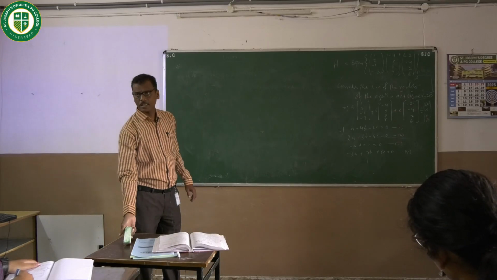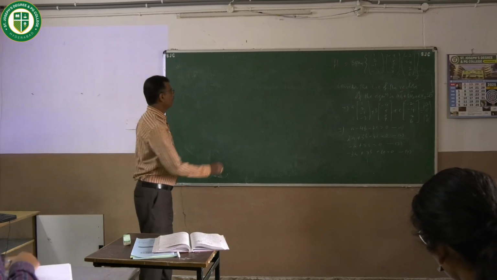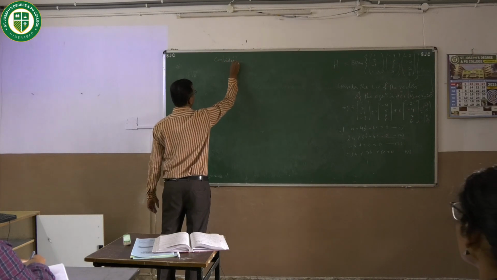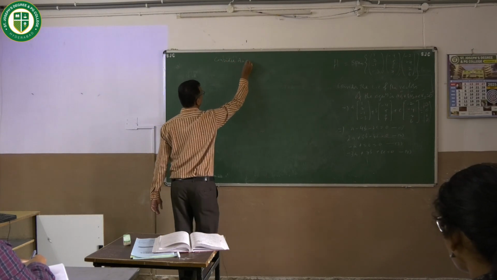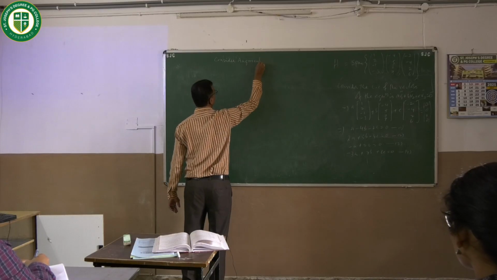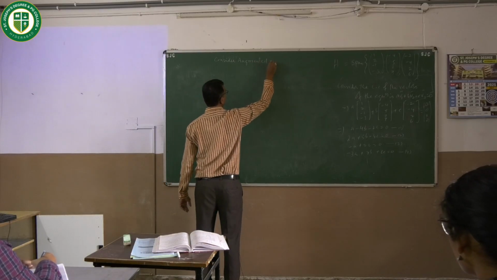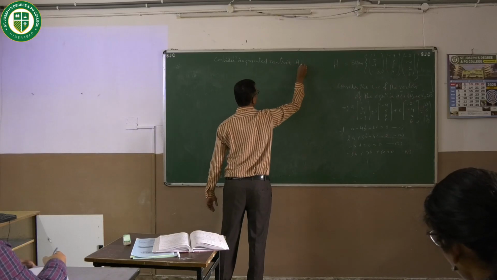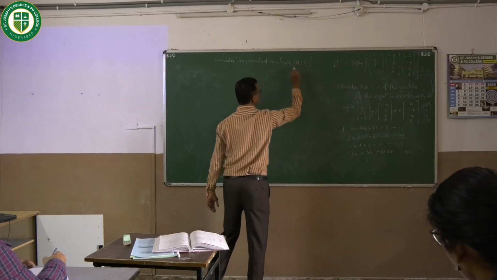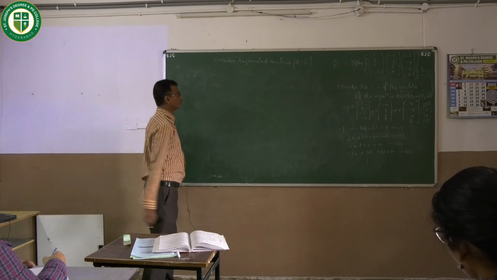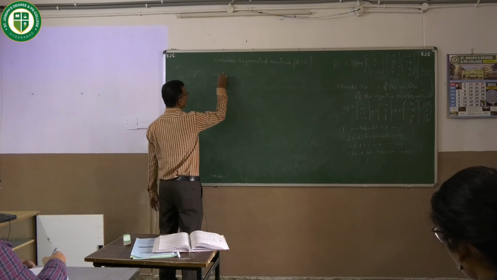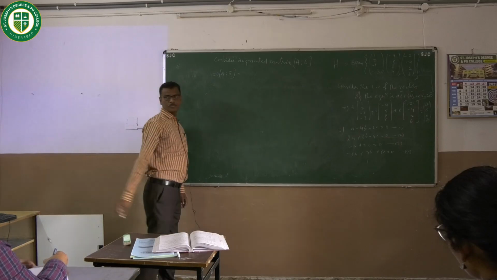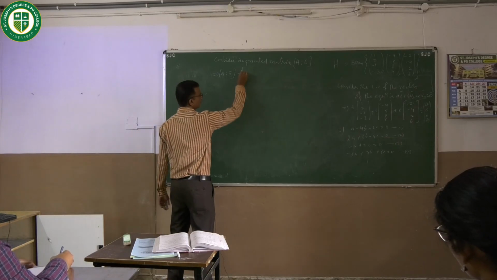Write the augmented matrix, it is easy to solve, right? Consider the augmented matrix. What is the augmented matrix here? [A | 0]. That implies [A | 0] is equal to, write these equations now.